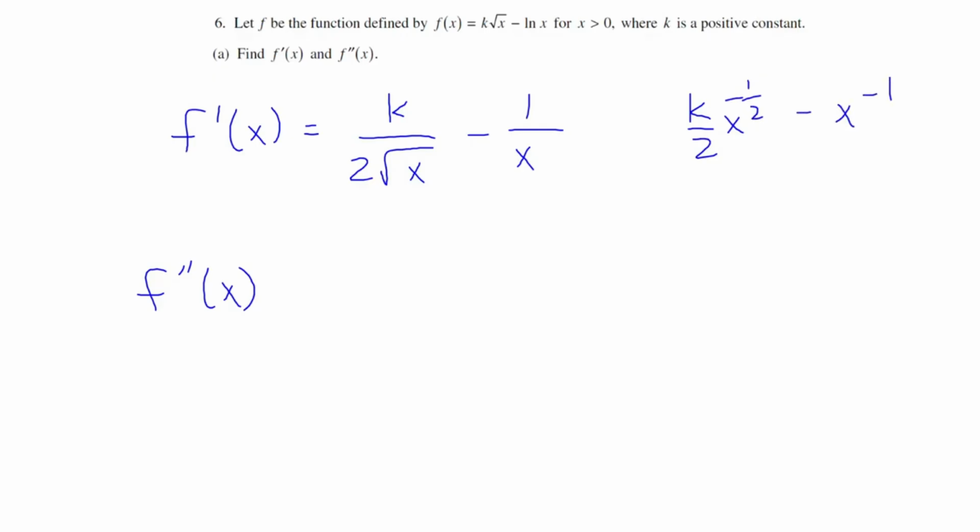So if it helps us to look at them this way, we can now use the power rule, right? It now becomes negative k over 4 x to the negative 3/2. And then minus 1 times the minus 1 in front gives us a plus x to the negative 2. And they just gave you 1 point for each of these functions, the derivative and the second derivative.